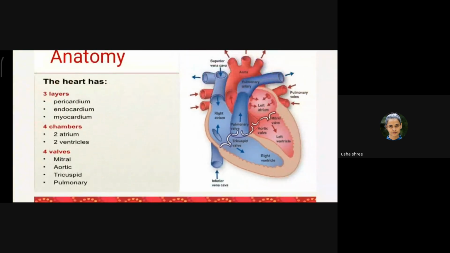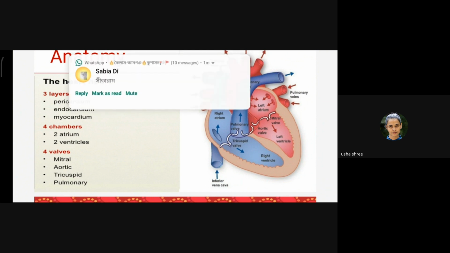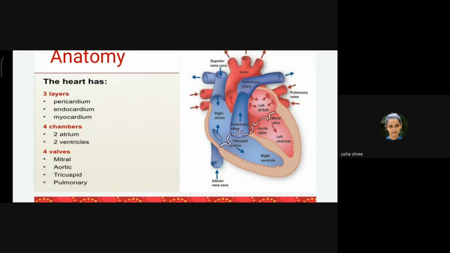So deoxygenated blood is being collected from the superior vena cava to the right atrium, then passed to the right ventricle, and from the right ventricle deoxygenated blood is going to the lungs through the pulmonary artery.